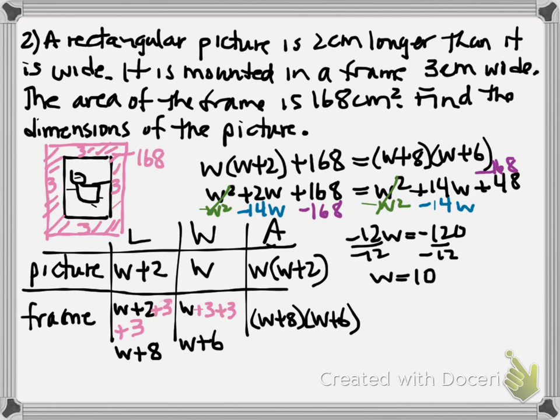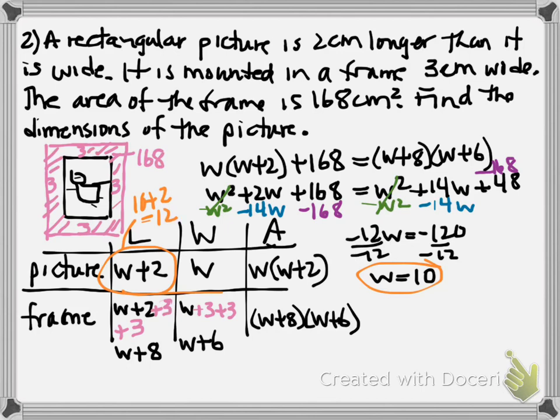So the question says, what are the dimensions of the picture? Well, 10 is the width of my picture. To figure out the length of my picture, I'm going to take this value and plug it into the length definition of the picture. So I'm going to have 10 plus 2 equals 12.